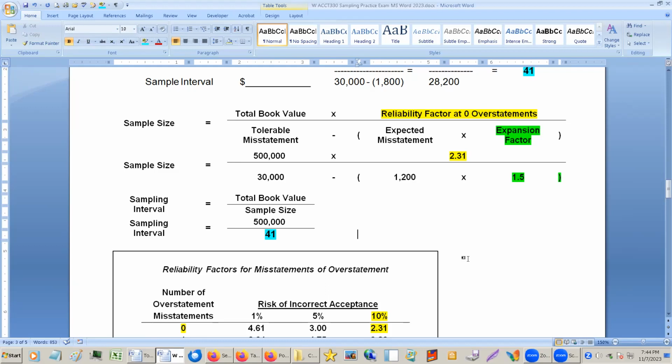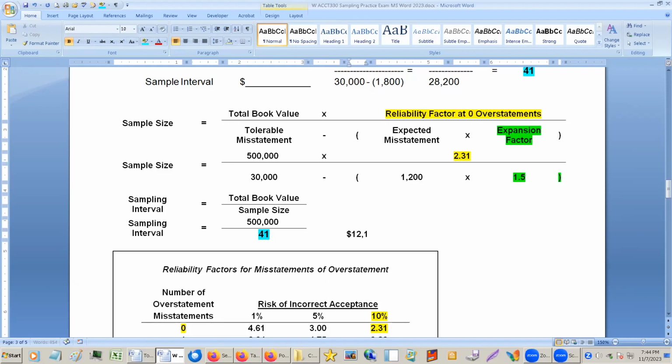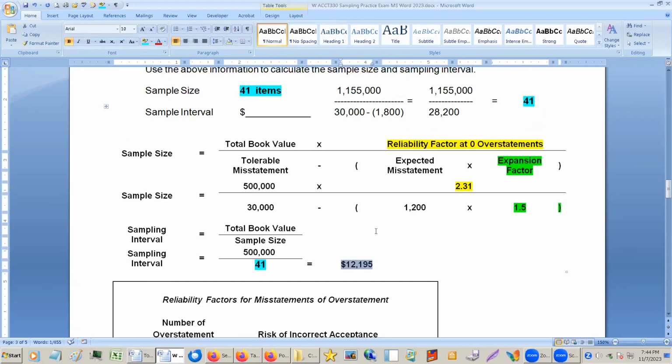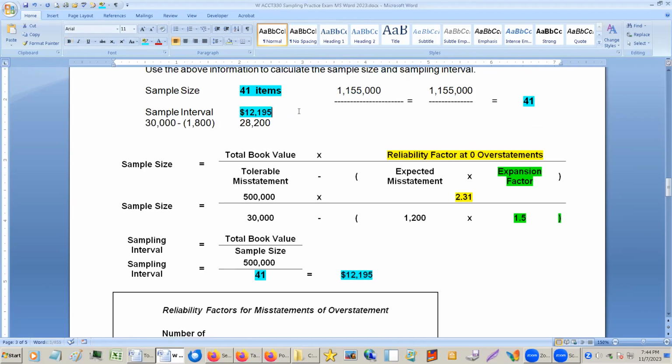I'm going to round off to the nearest dollar, and feel free to do that. 12,195. Is that what you guys got? Yes. Yay.